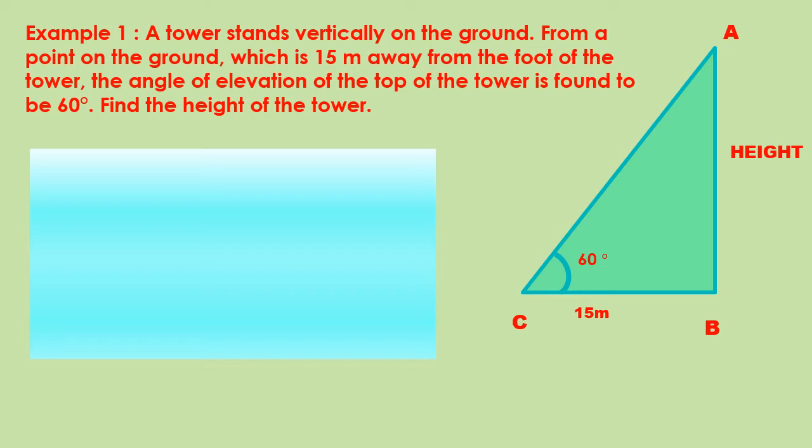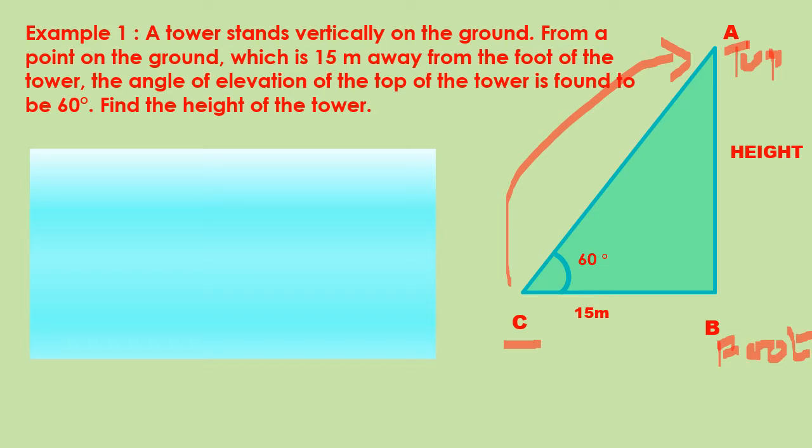Now let me explain the figure. Here we are seeing that AB is the tower, A is the top of the tower, B is the foot of the tower, and C is the point from where a person is looking at the top of the tower at an angle of elevation of 60 degrees from the foot of the tower.